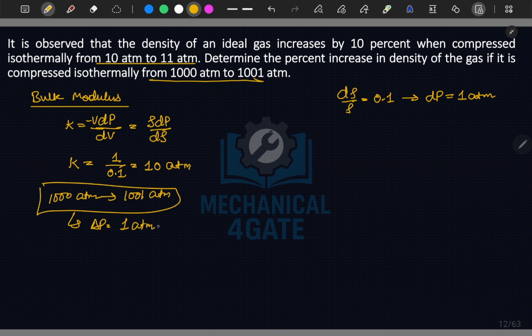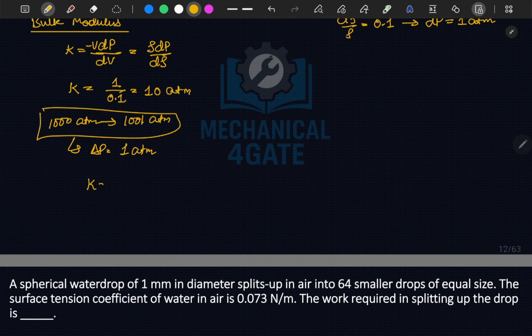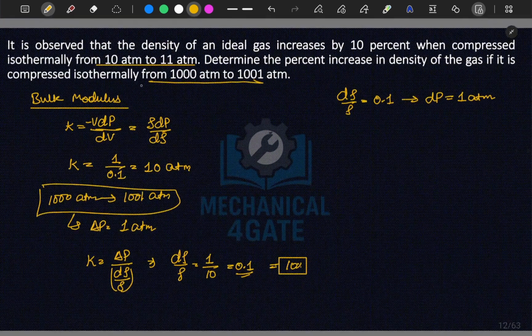Using K is equal to delta P upon d rho by rho, I can calculate d rho by rho is equal to delta P by K. Delta P is 1 and K is 10 atm, both in atm, so this is again 0.1, which is 10%. So the percentage increase in density when compressed isothermally from 1000 atm to 1001 atm is the same as in the case of compression from 10 atm to 11 atm.